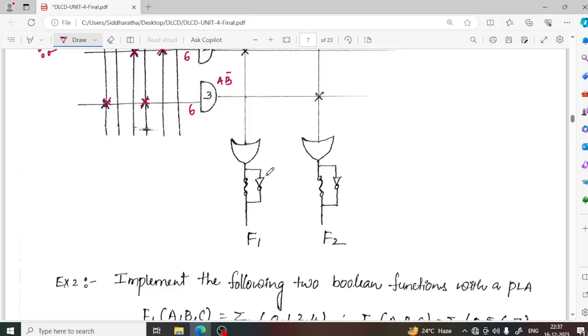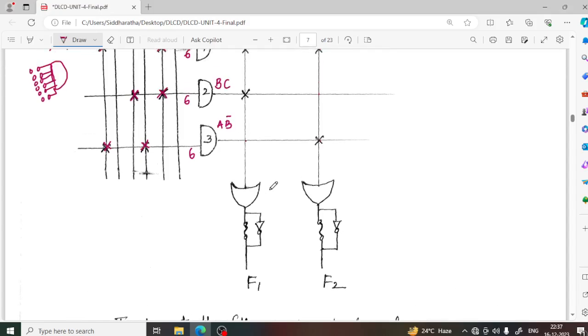To get fewer distinct product terms, sometimes we may take the complemented outputs, but we require the normal outputs to realize. In such cases we have to use these NOT gates. If we take an expression in complemented form and pass it through a NOT gate, we get the normal expression. So in such cases this arrangement is preferable.